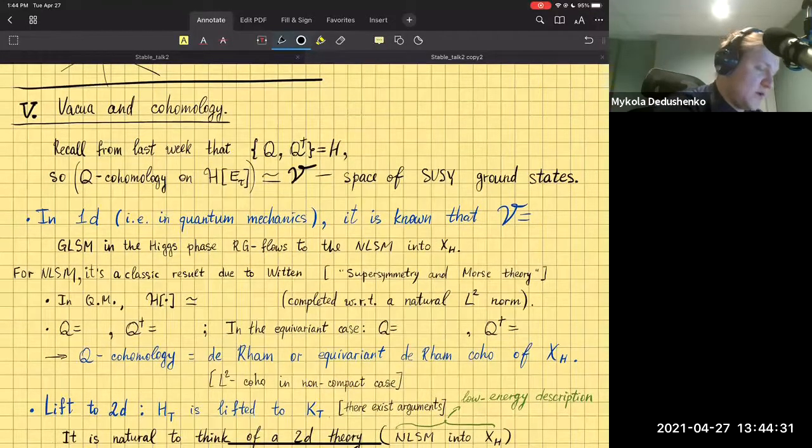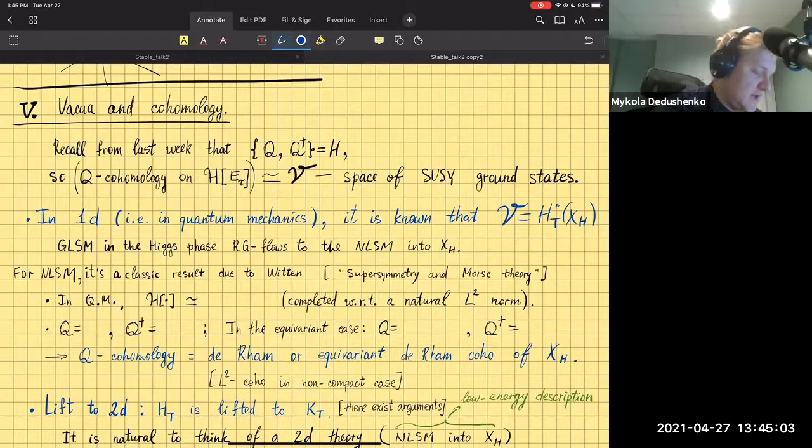And in the one-dimensional case, in 1D, it's well known, of course, that this can be identified with the Dolbeault cohomology of your X_H. And if you start with our GLSM description in the Higgs phase, and then flow to low energies, you get some effective description by a nonlinear sigma model into the Higgs branch.